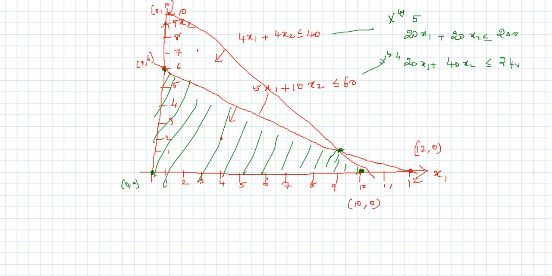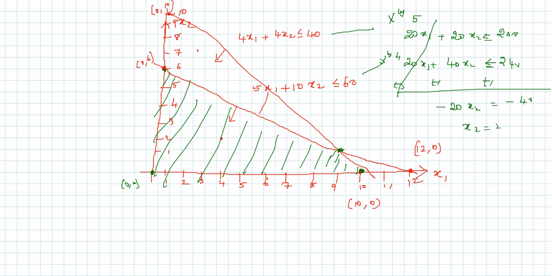Sorry, just convert that into an equal to constraint. So subtracting, the 20x1 terms cancel, and we'll get minus 20x2 equal to minus 40. So we'll get x2 as 2.